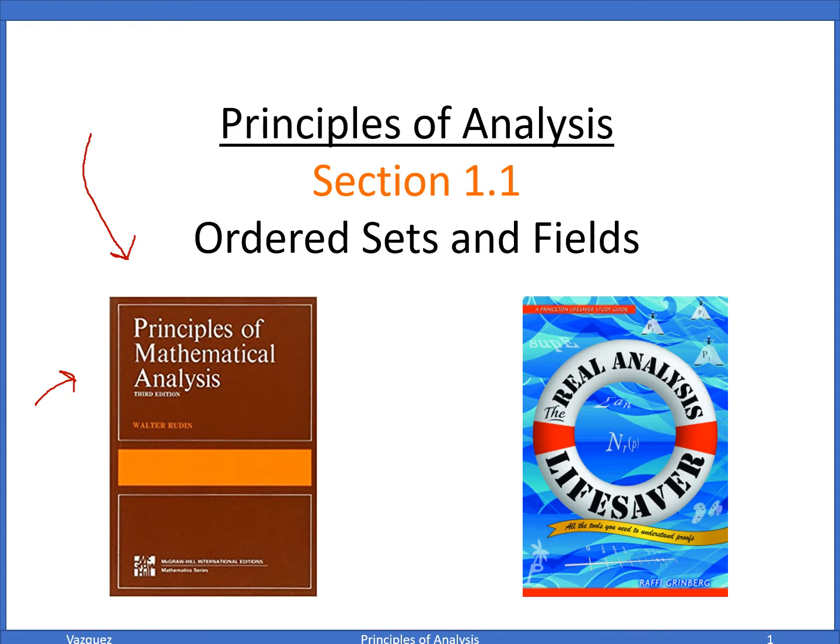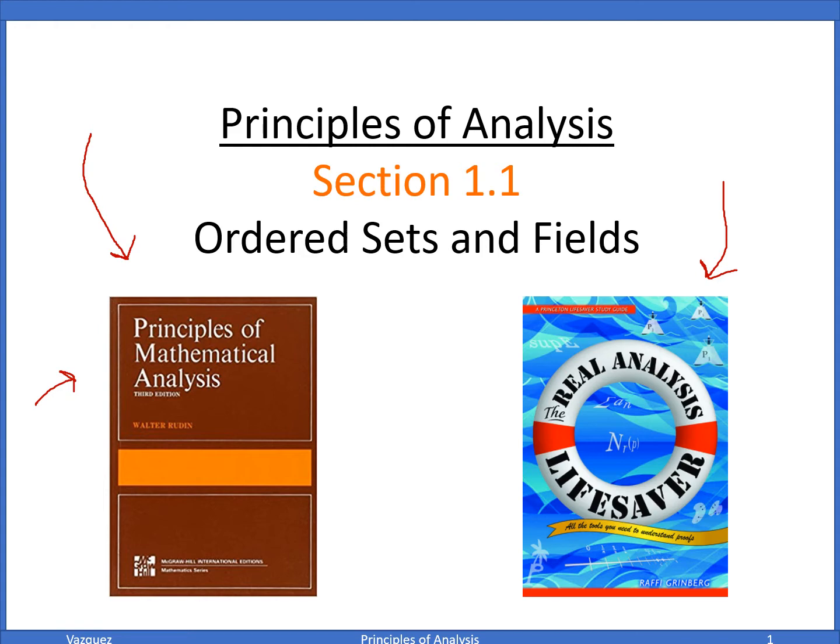Over here, I'm just showing another book that I really won't be referencing much at all. But I've heard that a lot of students use this as well, as it says, a lifesaver.